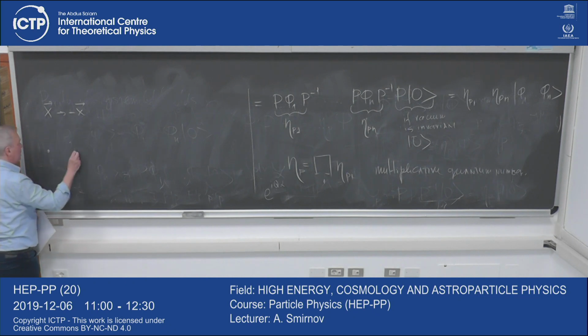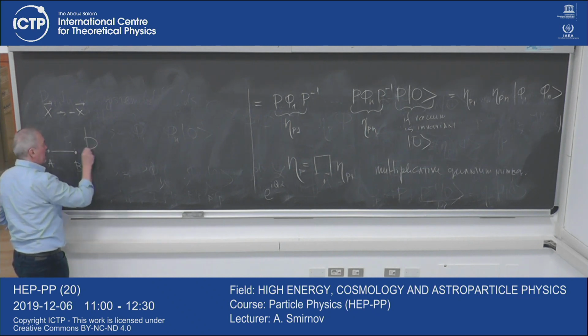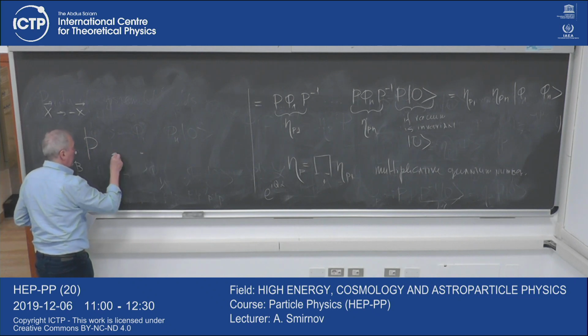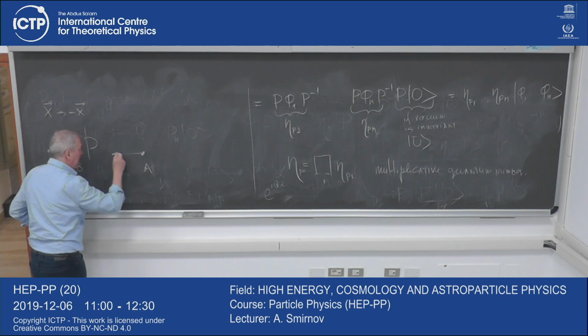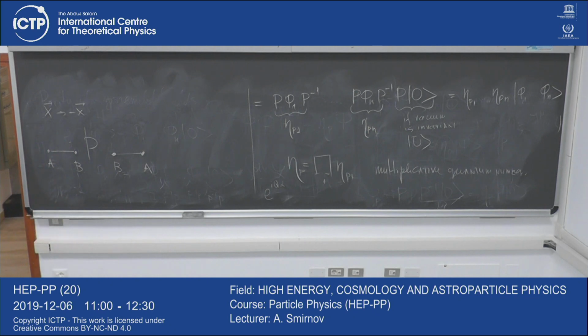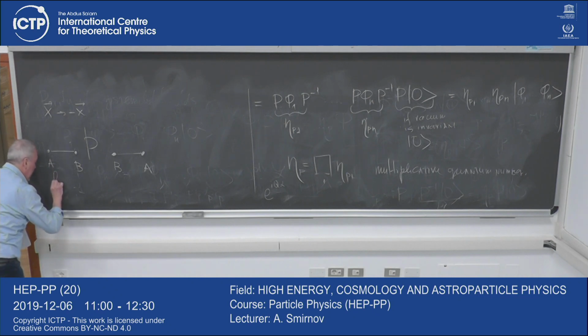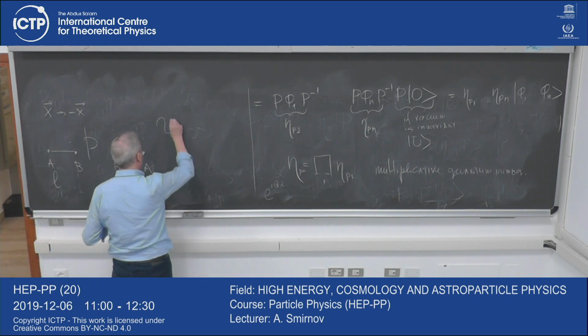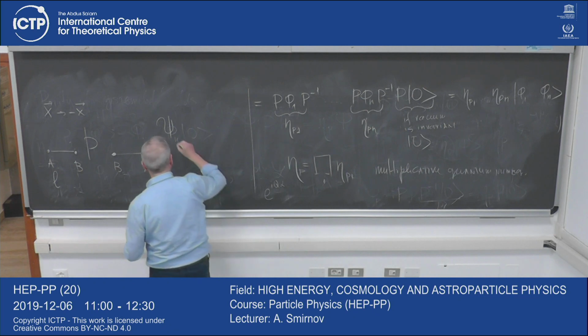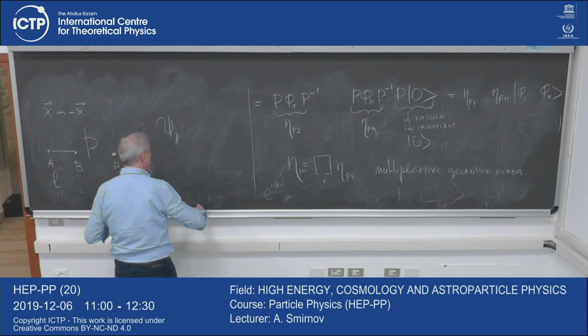Suppose you have two particles, A and B. Then under P transformations, they change the position, so it will be B here and A here. And if these two particles have an orbital motion, so they're kind of rotating, characterized by an angular momentum L, then the wave function changes under P transformations in the following way.